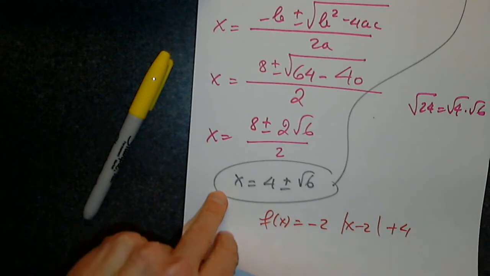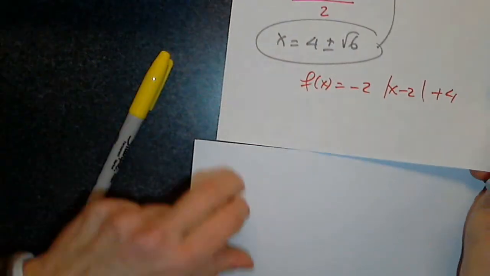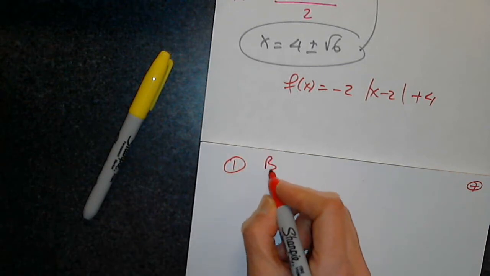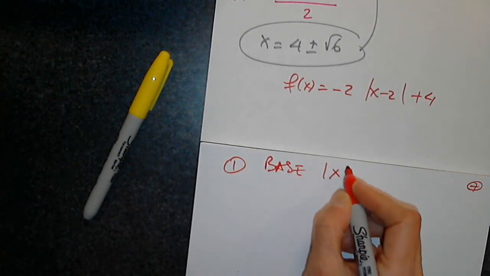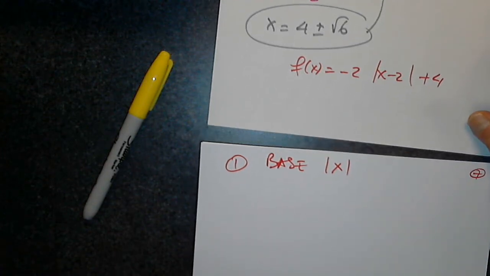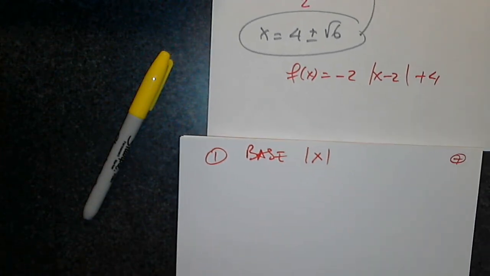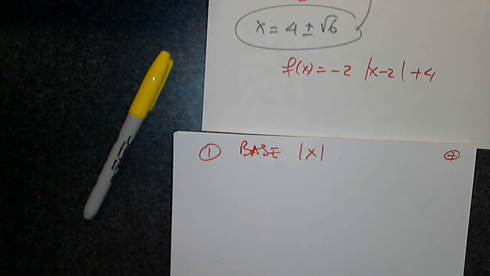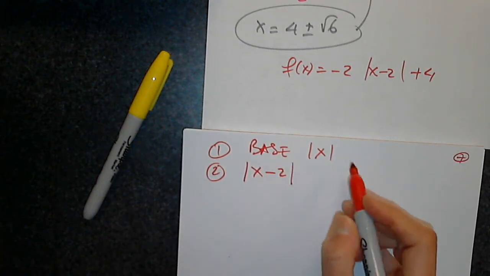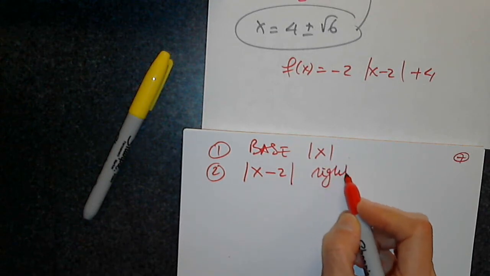So what is the base function here? Right. So number 1 is the base function and it is the absolute value of x. In order of operations, what will be the next step? Yes. In order of operations, I have x minus 2, which means right 2.